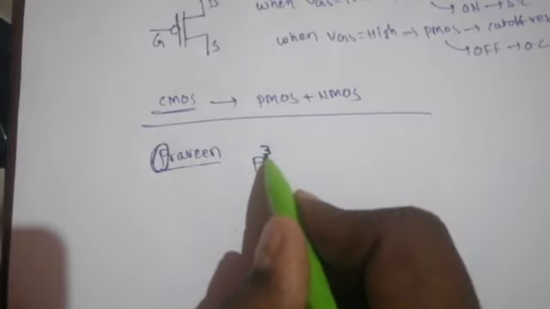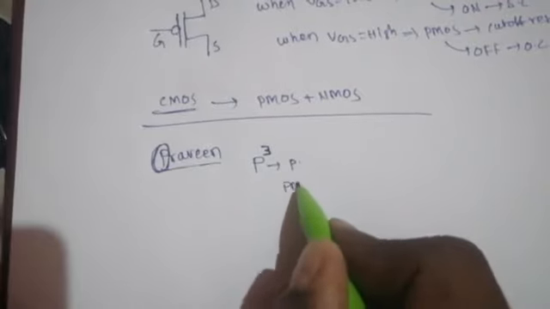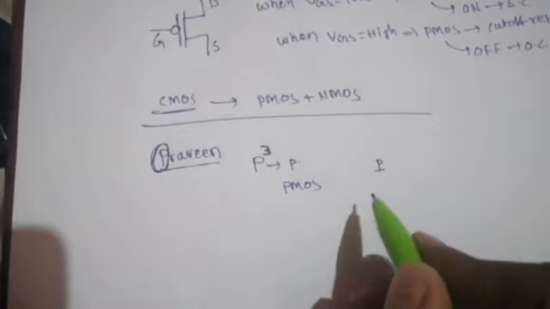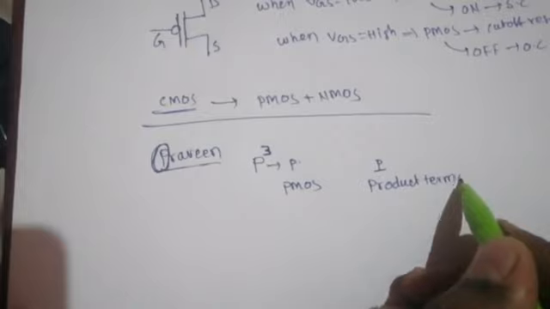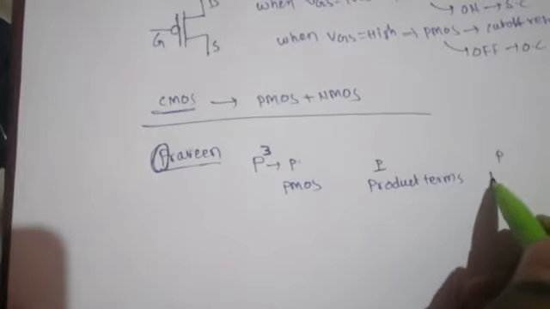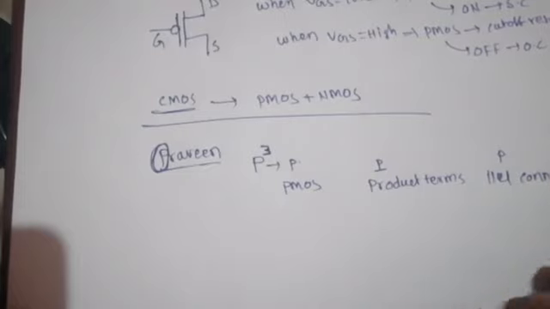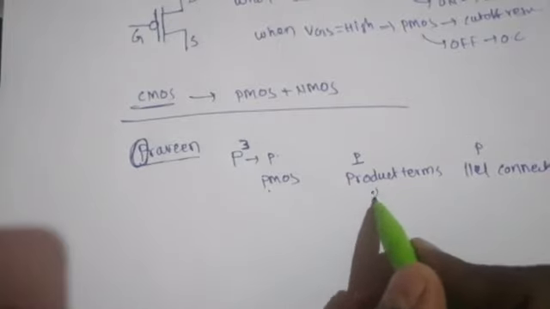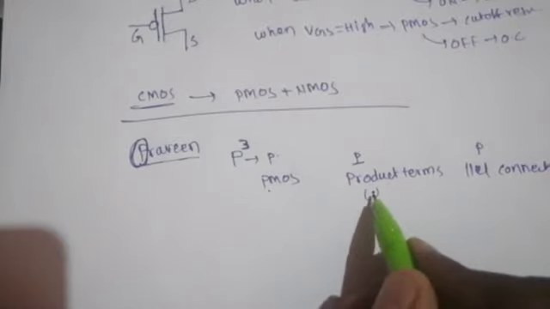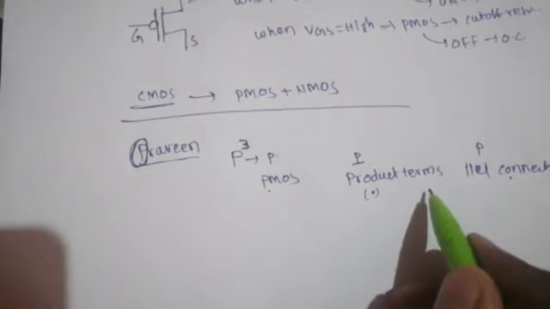The first P stands for PMOS, the second P stands for product terms, and the third P stands for parallel connection. PMOS, product terms, parallel connection. Product means dot. This is the hint to remember my name with the total subject.